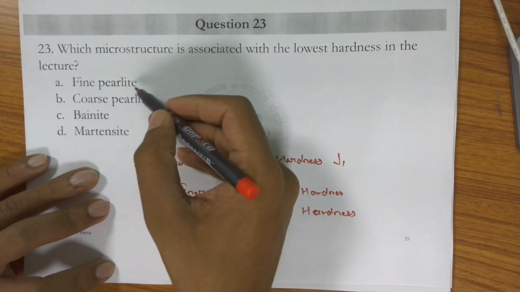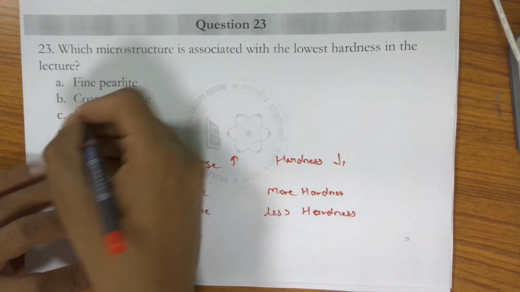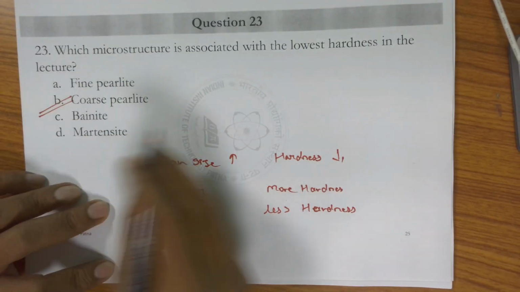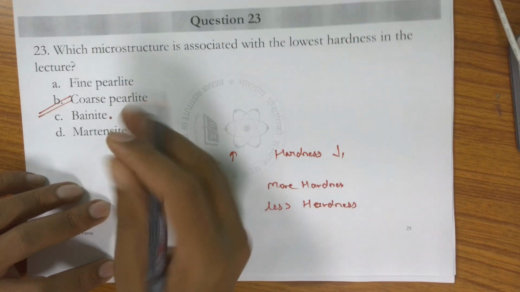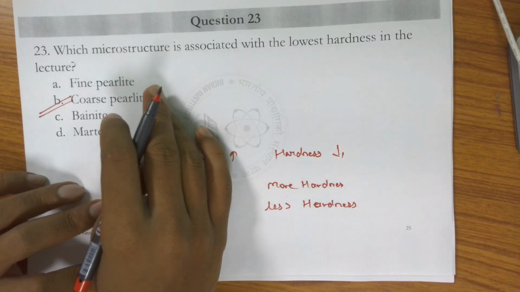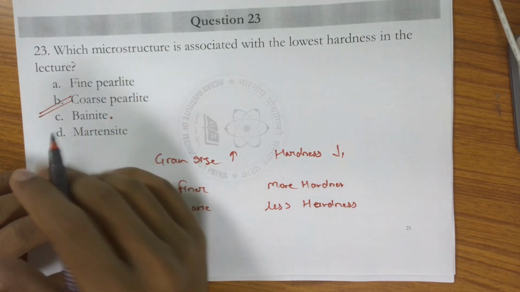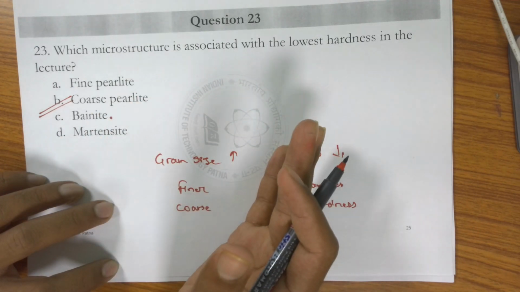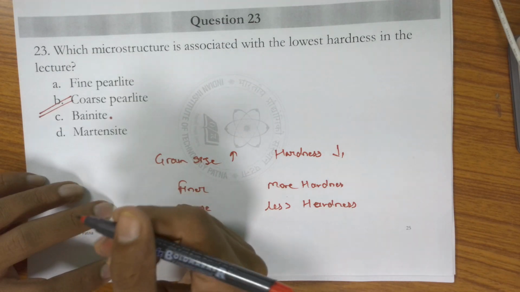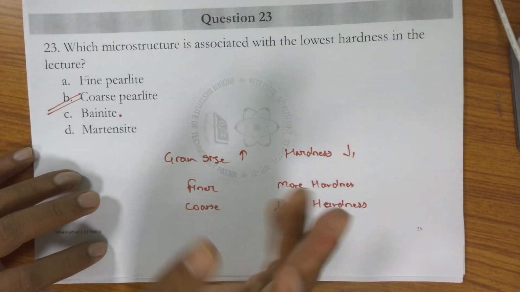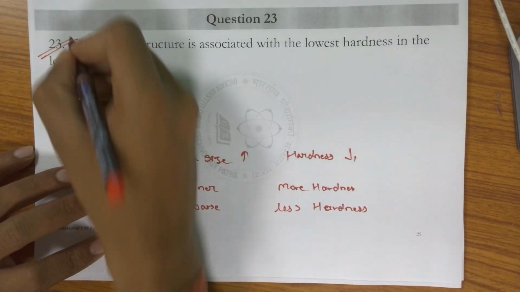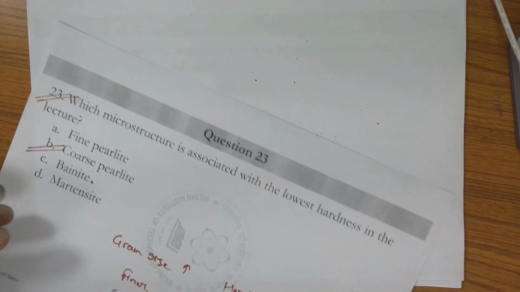Among these, the fine pearlite and the coarse pearlite, we know that the coarse pearlite is the one having the lowest hardness. Bainite is something we obtain at a comparatively high cooling rate. The cooling rate is higher, so the growth rate will be low, and so a finer microstructure will form. Martensite is the hardest one, not the lowest. So for 23, the right answer is option B.